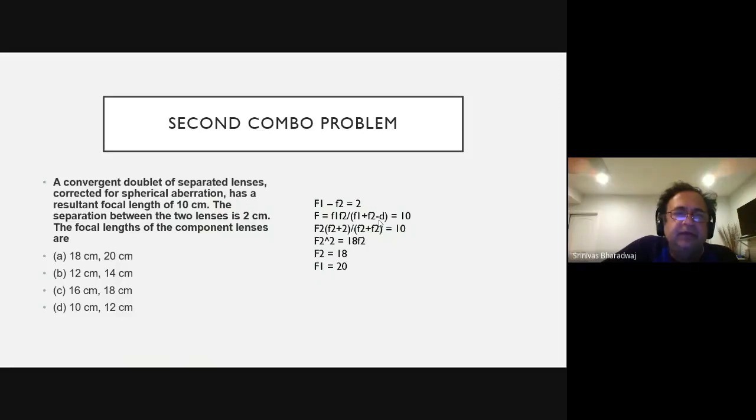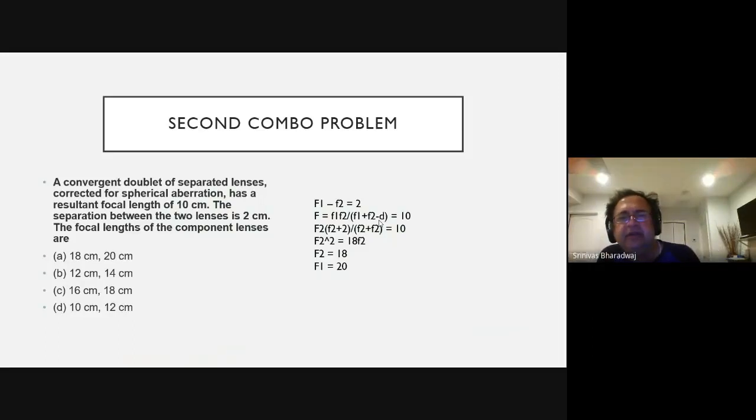Convergent doublet of separated lenses corrected for spherical aberration has a resultant focal length of 10. The separation is this. So the focal lengths of the component lenses are what? F1 minus F2 equals 2. So what is he telling you there?